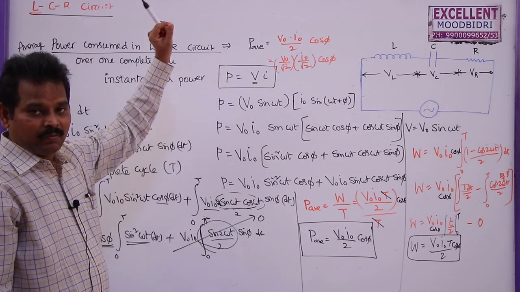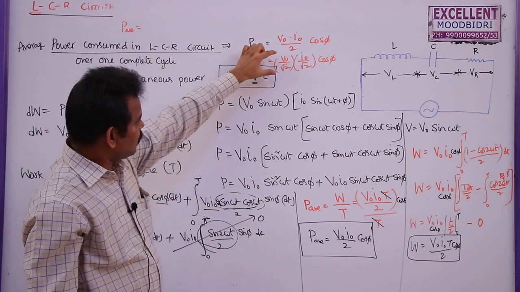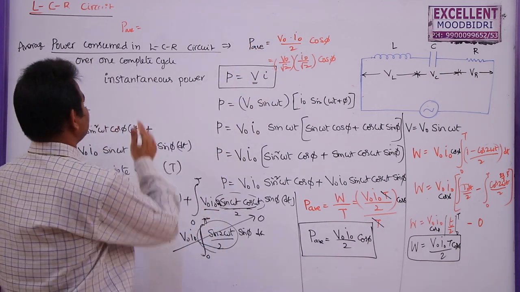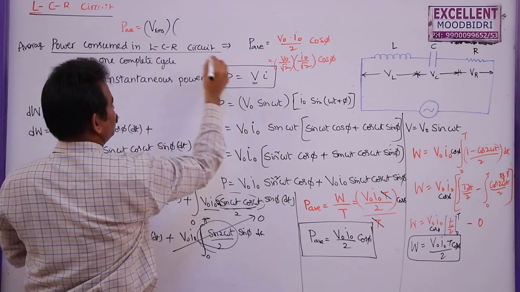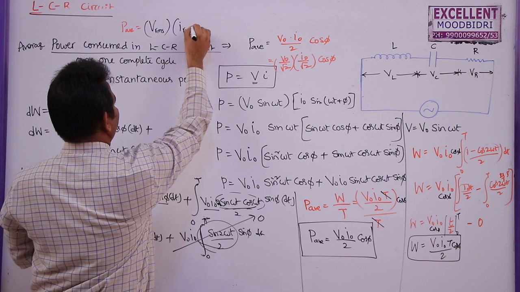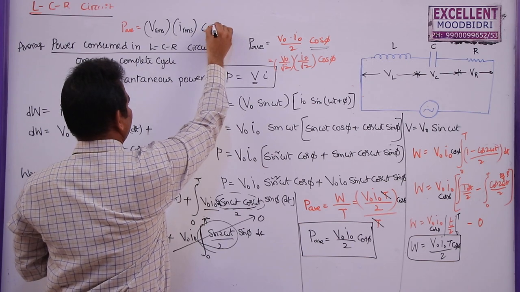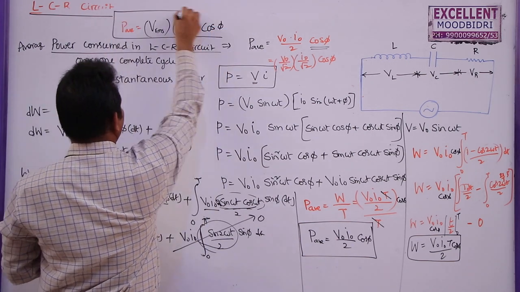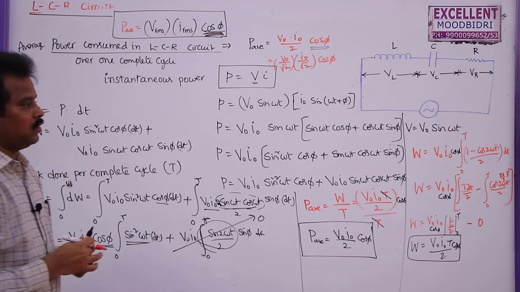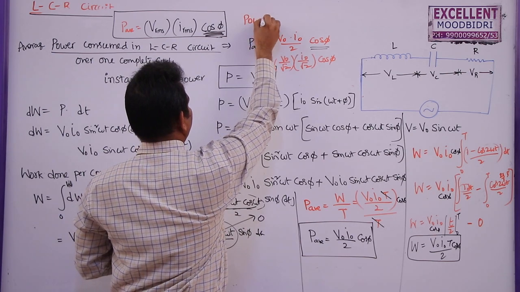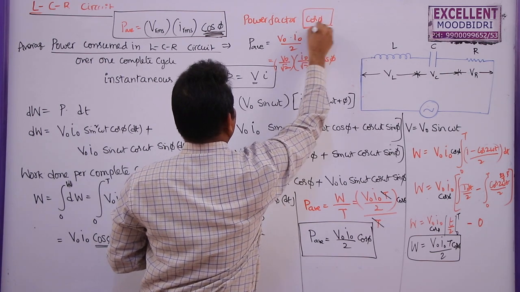So average power consumed can be remembered easily. This is the RMS value of voltage, Vrms, into the RMS current Irms, into cos of the phase angle between voltage and current. This particular value is known as the power factor of the AC circuit. So the power factor of an AC circuit is given by cos phi.